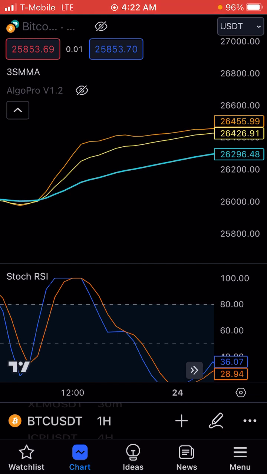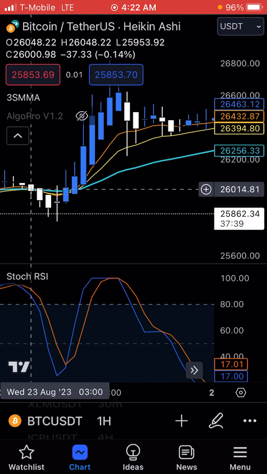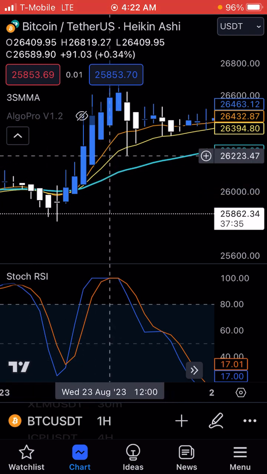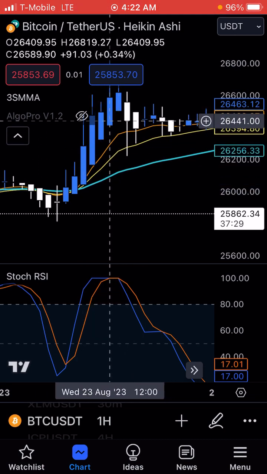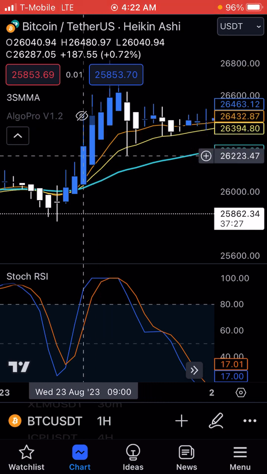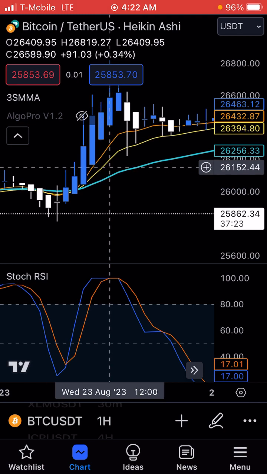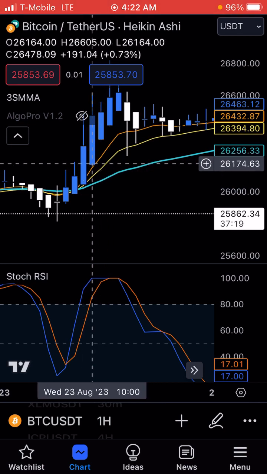I'll turn back on the candles. From the point it gets out of sideways, you'll see the moving averages started straightening out, and because they straighten out, the candles are starting to go in that direction as well. So it goes from sideways, you see all the lines straightening out, and this is an indication of doing a long or anything like that.